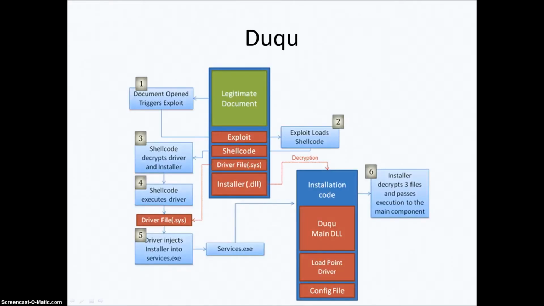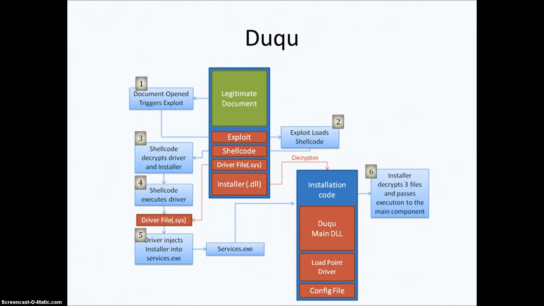So this is a visual diagram of how Duqu infects a machine. If you remember, Duqu was spread via Word documents that were sent in emails. It takes advantage of a vulnerability in the way that Windows handles certain TTF fonts. So basically everything needed for Duqu to run is contained within a Word document. When that document's opened, it triggers the exploit, which runs shellcode.